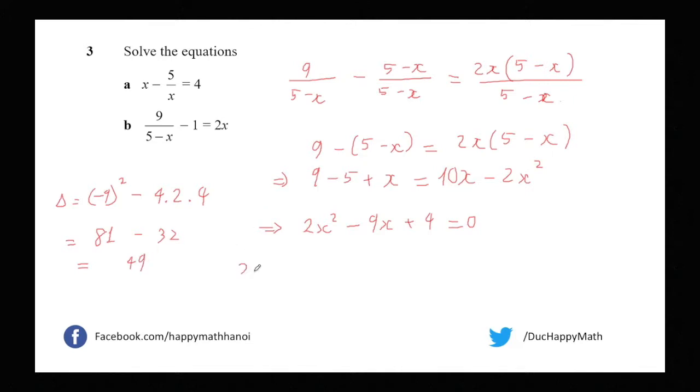And x1 will be equal to minus b, which is 9, plus square root of 49 over 4, and x2 minus 49 over 4. 7 and 9 is 16 divided by 4 equal to 4. And 2 1/2. So these are the true values of x for the question.